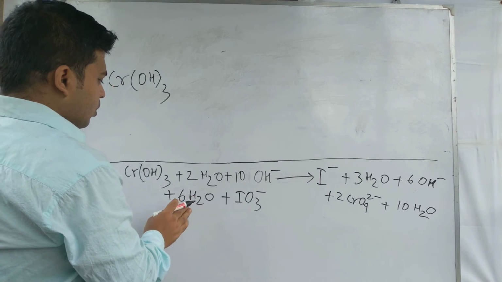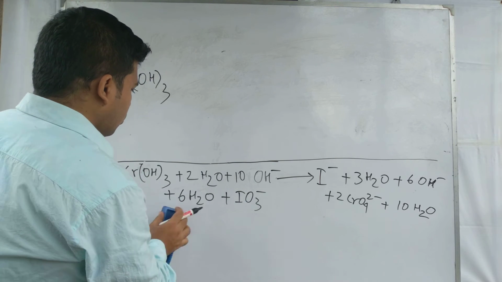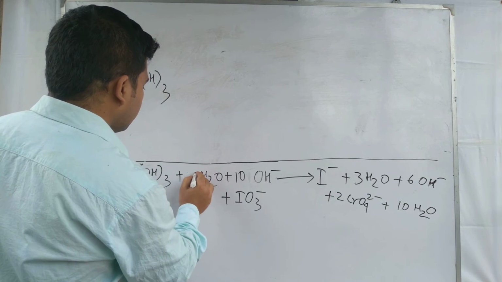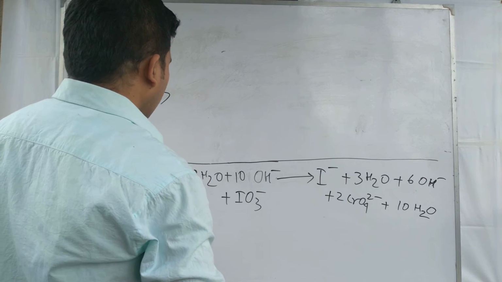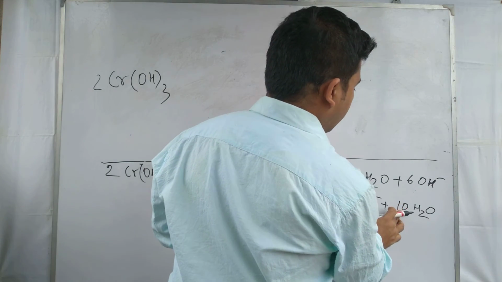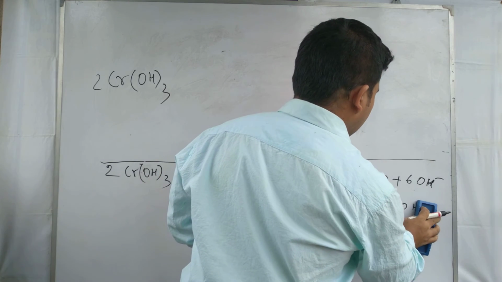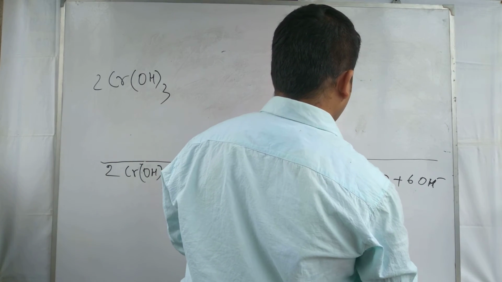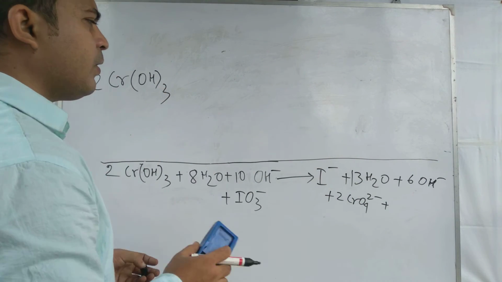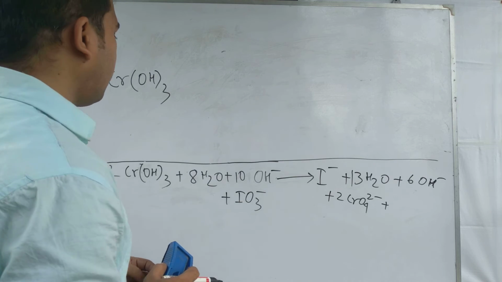But the total number of water, 6 water plus 2 water, we write as 8 water, and here 10 waters and 3 waters, we can represent as 13 water, 10 plus 3.